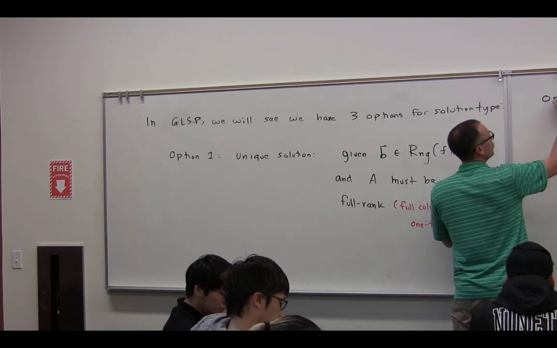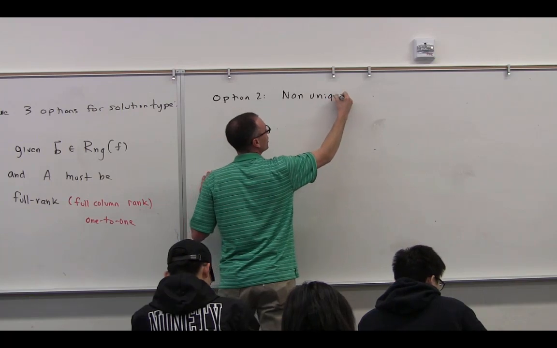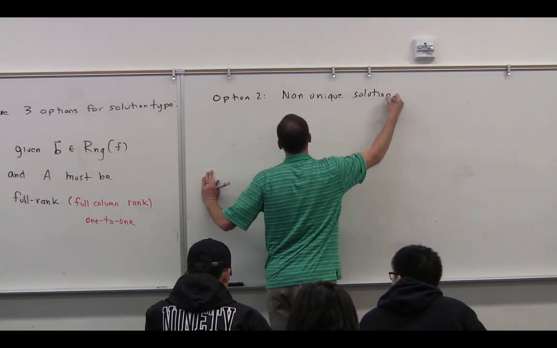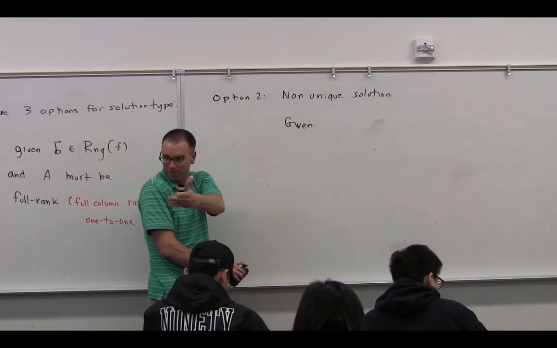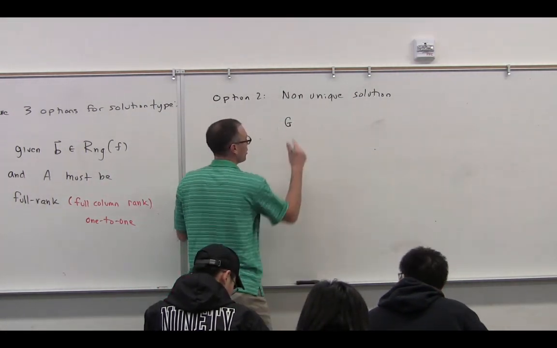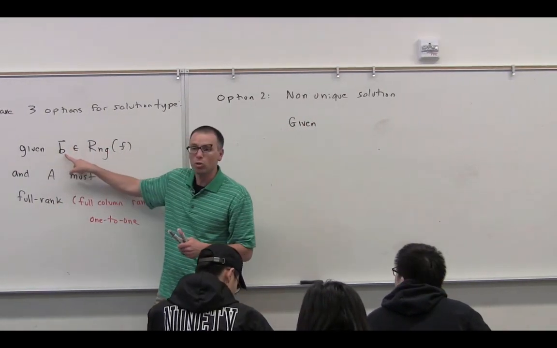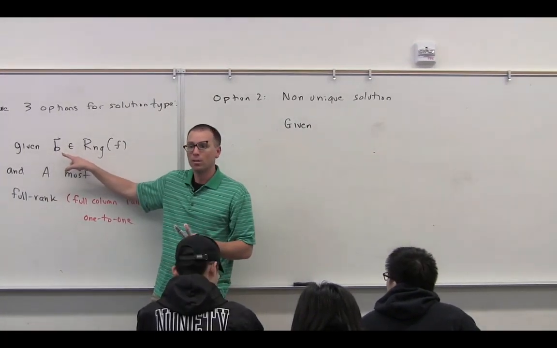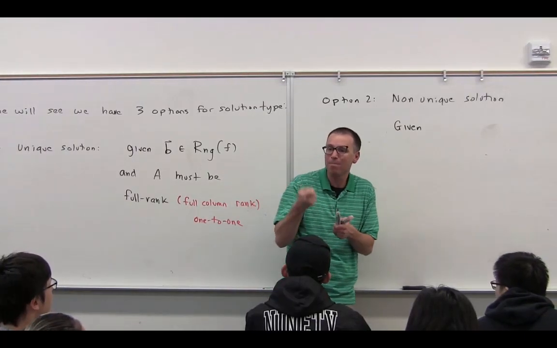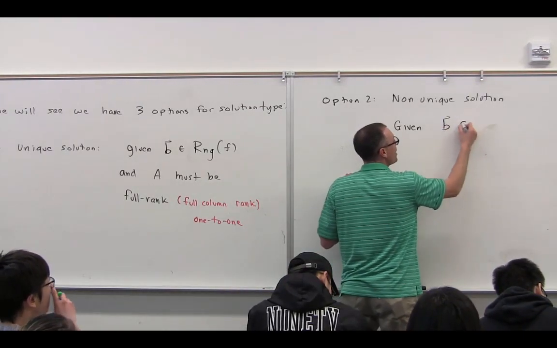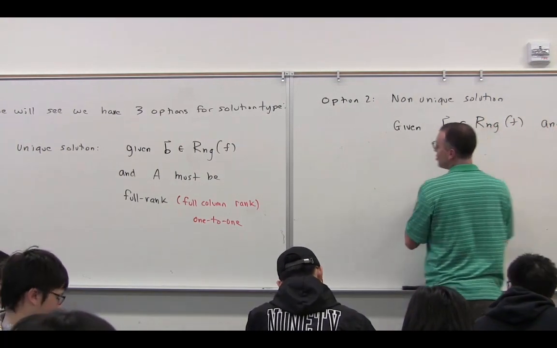Okay, could you guess what option 2 is? Non-unique solution. Okay, when is there a solution? When does any backward problem have a solution? I almost want to go back here because you seem so engaged here. When does any backward problem have a solution? What must be true about the underlying function? The given output has to be in the range. It has to be hit by the function, right? So we're going to be given B element of the range of f. And, okay, could you guess?